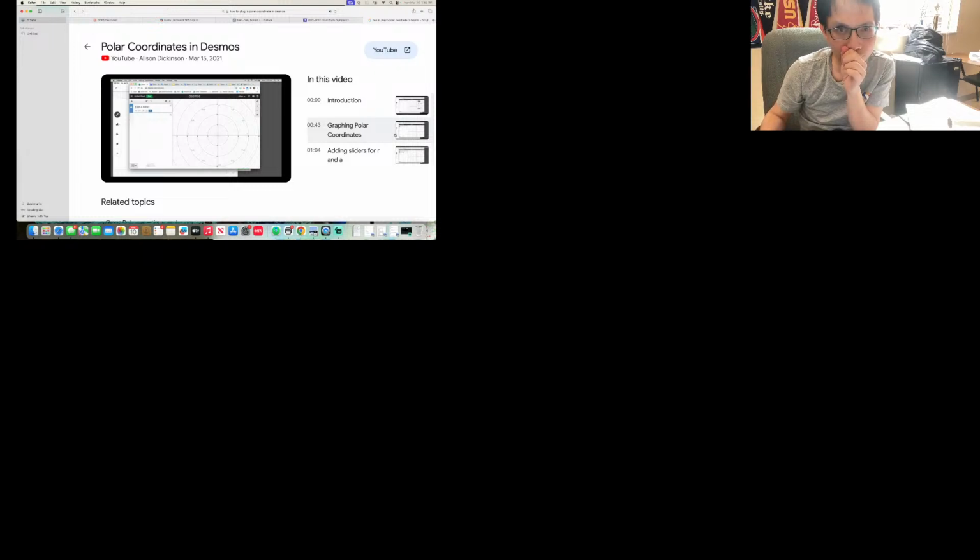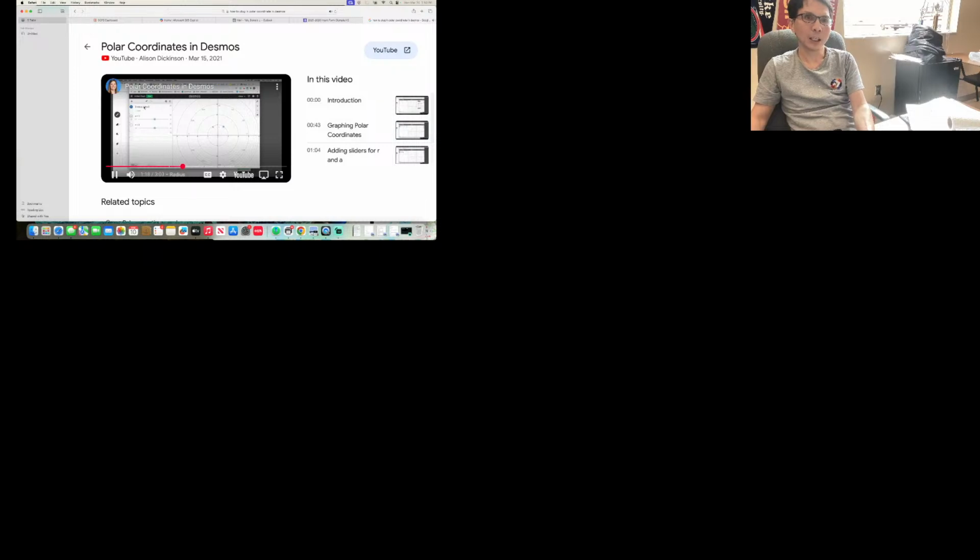So I'm using r, and I'm also going to add a slider for a. So what this will allow. So yeah, you can only do it in terms of polar coordinate like this.